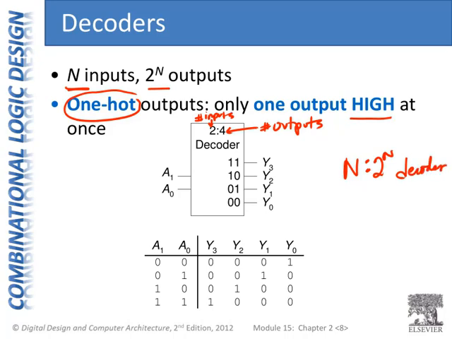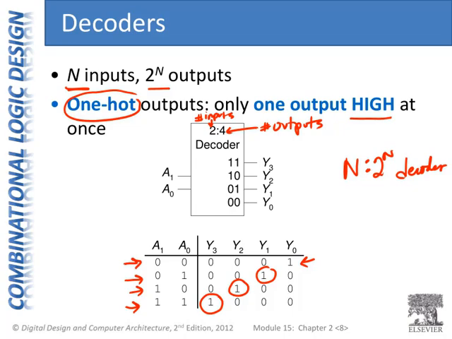So if the inputs A1 and A0 are 0, 0, Y0 will be high and all the other outputs will be low. If the input combination is 1, Y1 will be high and all the other outputs will be low. If the input combination is 2, Y2 will be high, all the others low. If the input combination is 3, Y3 will be high and all the others will be low.